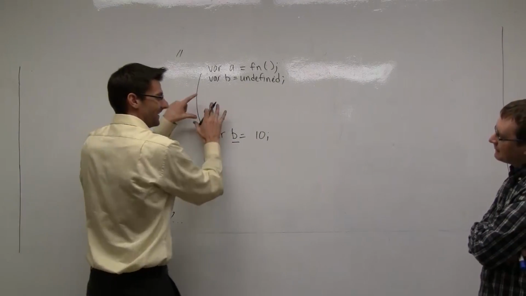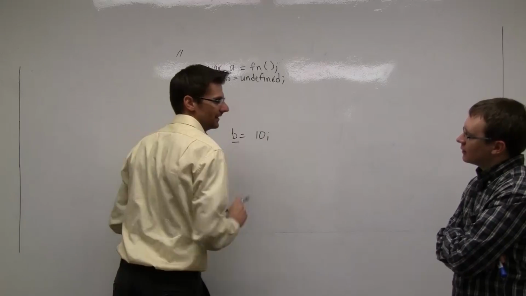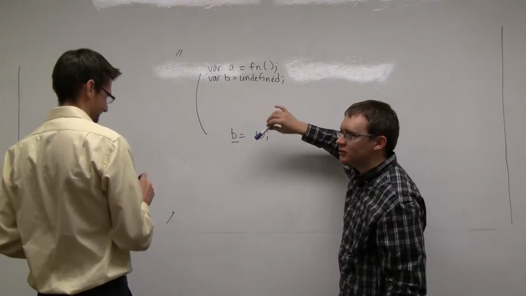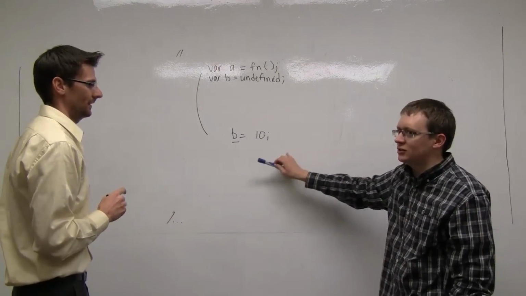And then down here, it basically ignores that you put that there and says now b is assigned to 10. So it declares it, makes sure it's inside the scope of this function in the beginning, and then doesn't give it a value until I actually assign one. Correct.